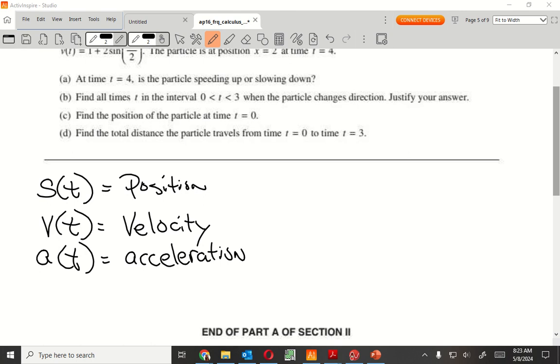So going from one to the other, going down this way is a derivative, and going up this way is integration. That's important. If I'm given the velocity and I need to find the position, I need to do an integration.